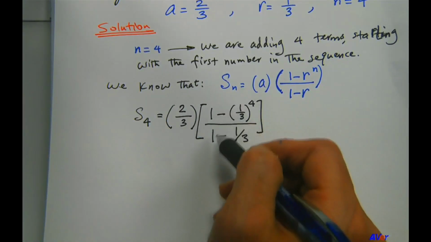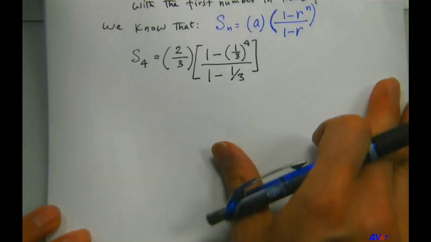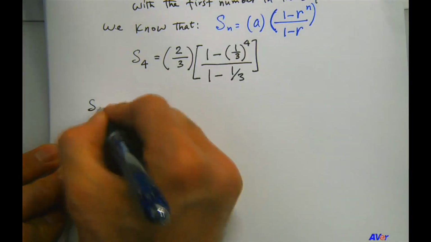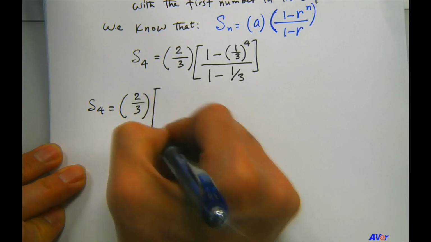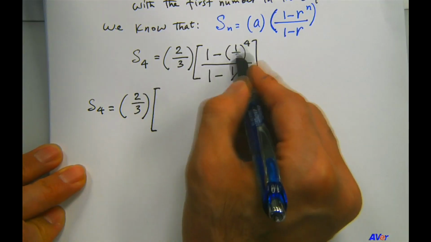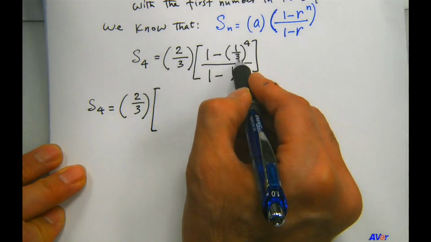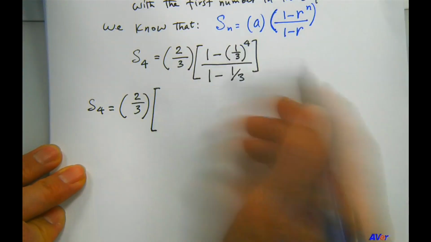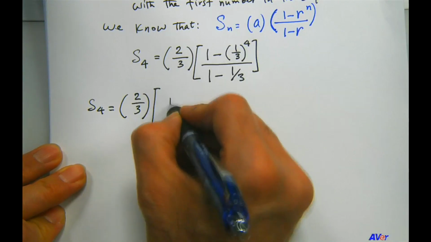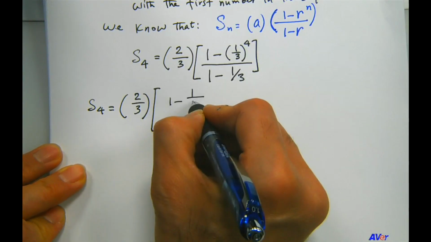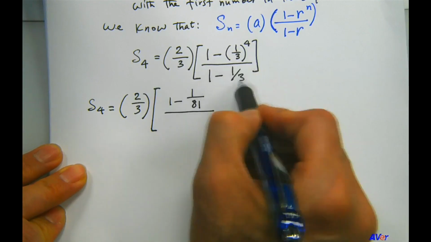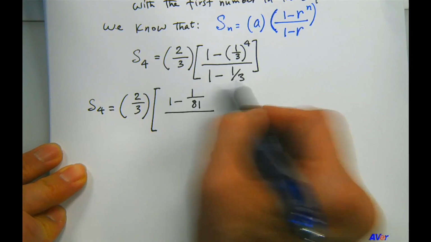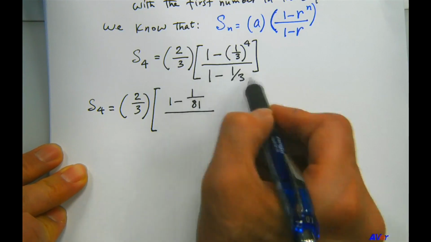Okay, so we're going to need to simplify this, right? Distributing this power, we're going to have 1 minus 1 over 81. 3 to the 4th is 81. So we have 1 minus 1 over 81 divided by 1 minus 1/3. Take the common denominator, 3. 3 minus 1 is 2/3.